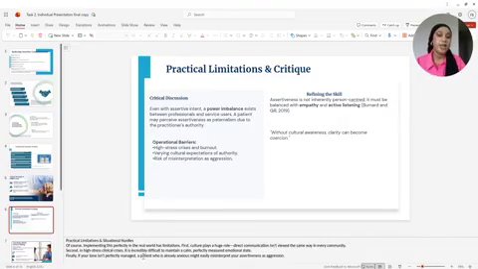Practical limitations and situational hurdles. Of course, implementing this perfectly in the real world has its limitations. First, culture plays a huge role. Direct communication isn't viewed the same way in every community.